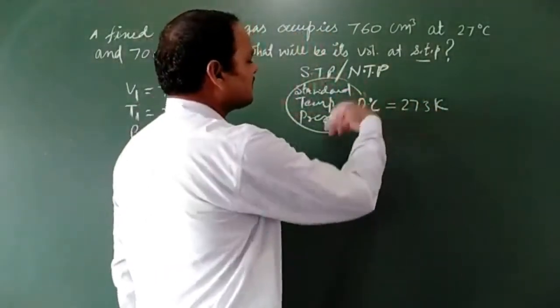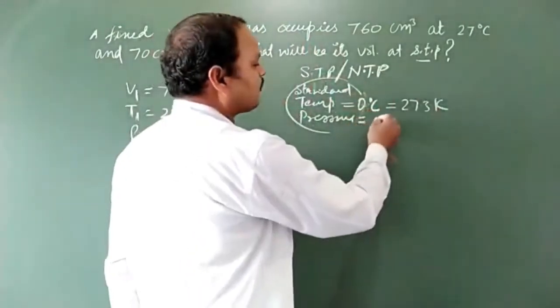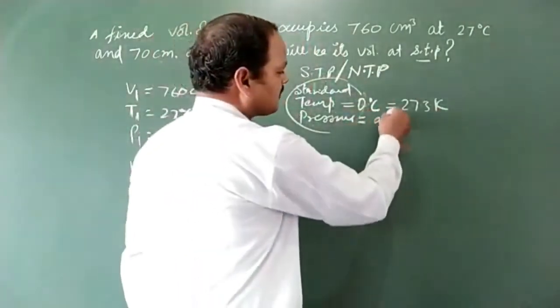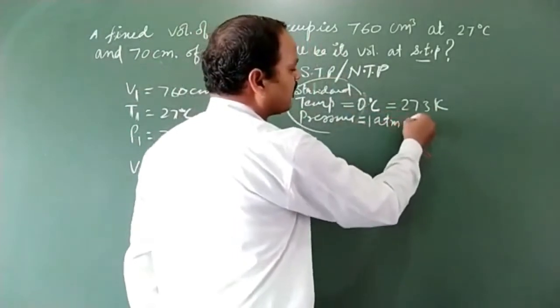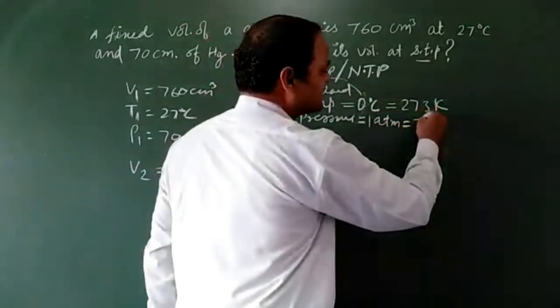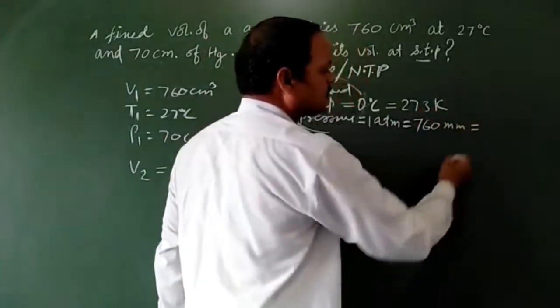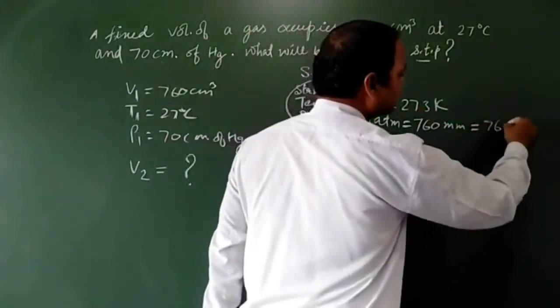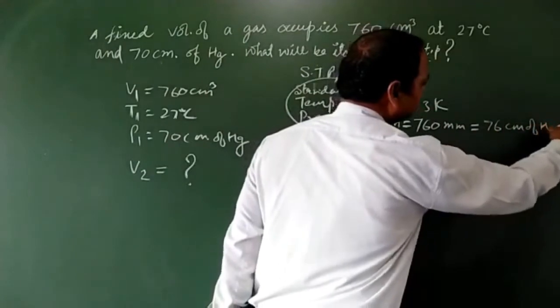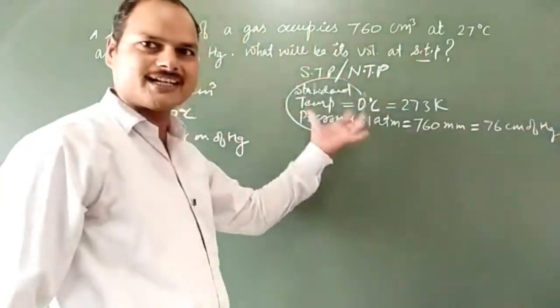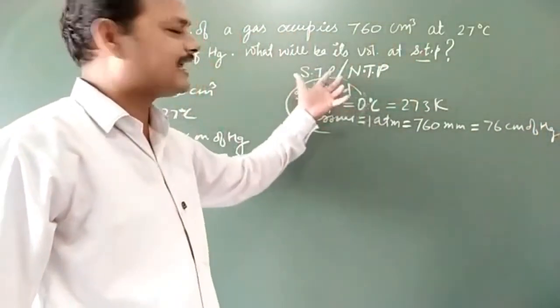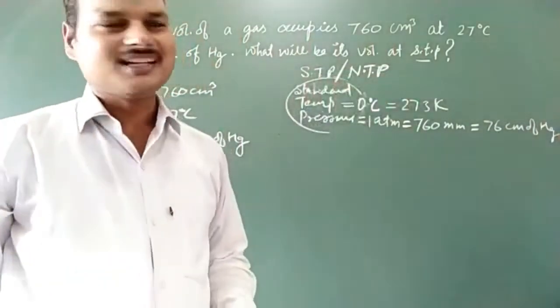And pressure is taken as 1 atmosphere, or that will be equal to 760 mmHg, and that will be also equal to 76 centimeter of Hg. I hope you understand the meaning of this term STP or NTP.